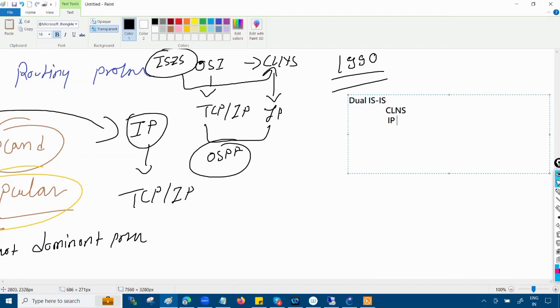What are people thinking about IS-IS right now? They think IS-IS is a recent protocol and OSPF came first. No, the first link state routing protocol is IS-IS. Later they introduced dual IS-IS, also known as integrated IS-IS.